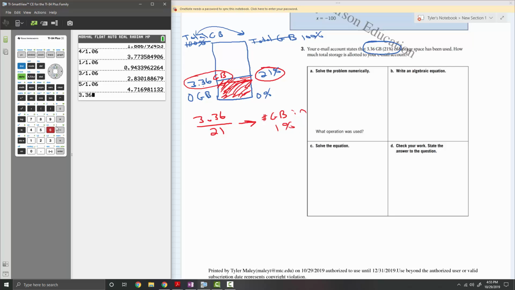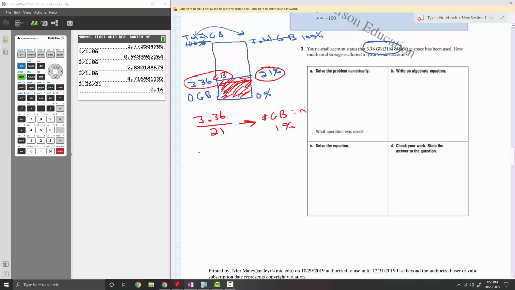So let me go over to my calculator and take 3.36. Maybe we want to divide that by 21. So we get 0.16. So there's 0.16 gigabytes in 1% of our data storage in our email account.